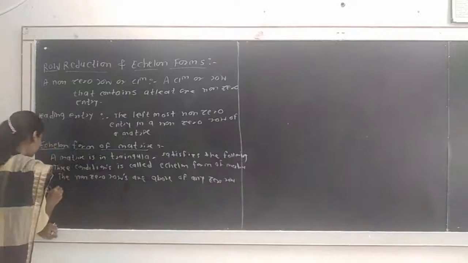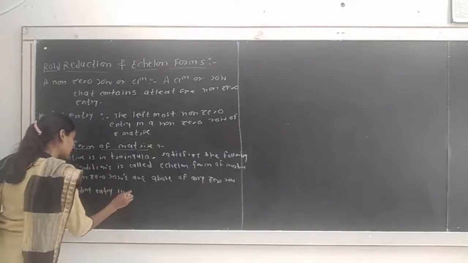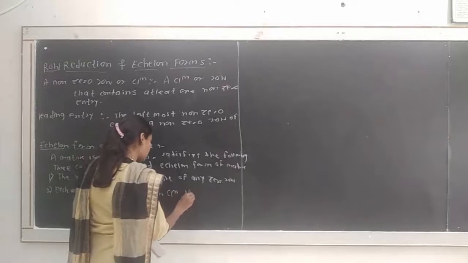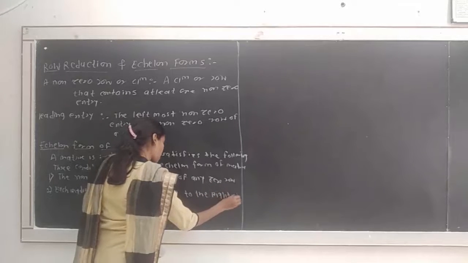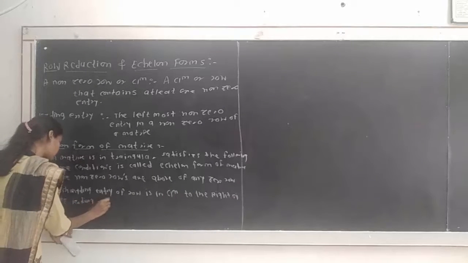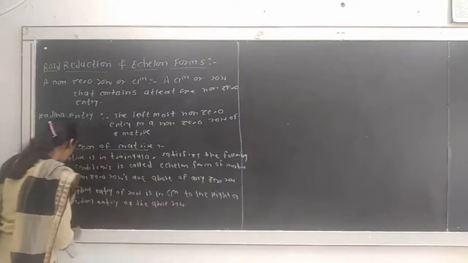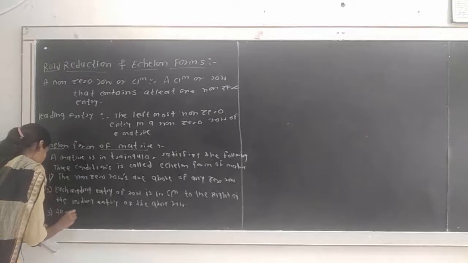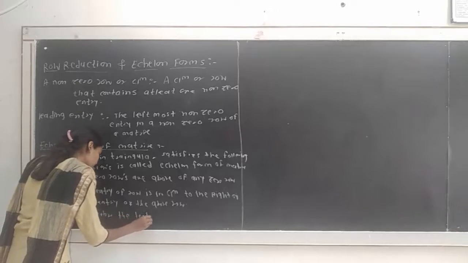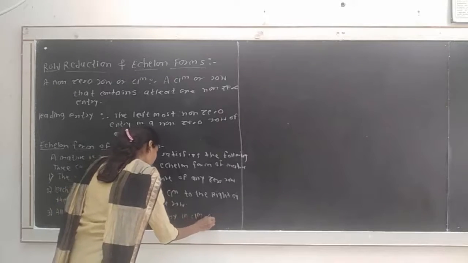The second condition is that each leading entry of a row is in a column to the right of the leading entry of the row above. And the third is that all entries below a leading entry in a column are zero.